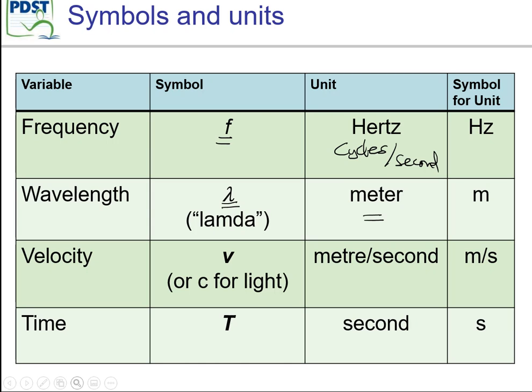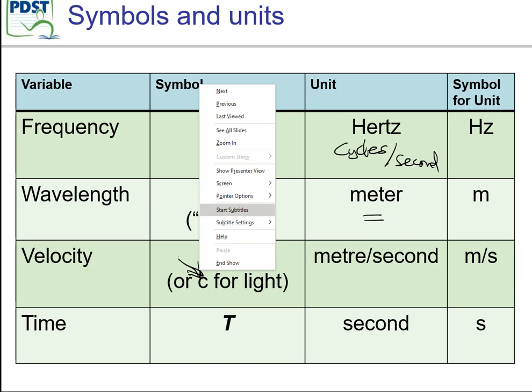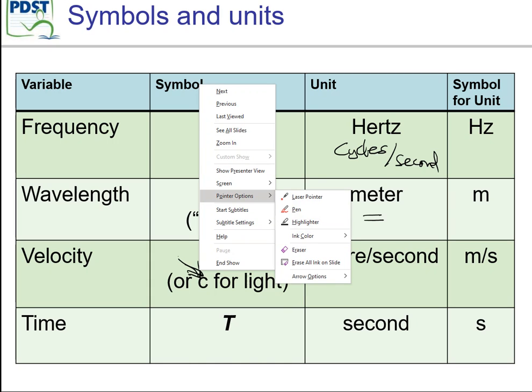Then a wave has velocity. Usually the velocity is given the symbol v, but the velocity of light has the symbol c. So v is just any velocity of a wave, but c is the velocity of light.